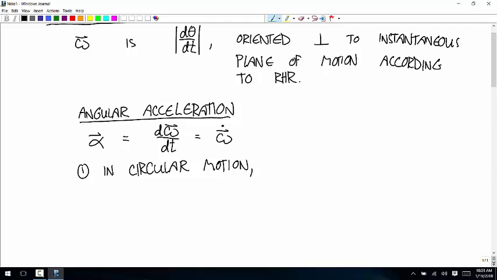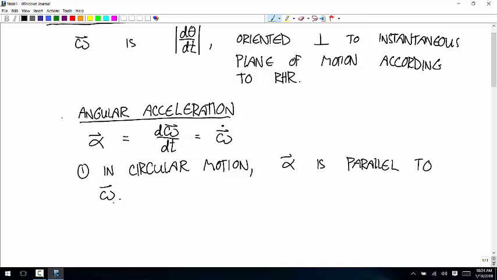And so if the direction's not changing, if you take the time derivative of it, the direction has to be parallel to that. There's no other possibility. So in circular motion, alpha is parallel to omega. It doesn't have to be in the same direction. It can also be in the opposite direction.